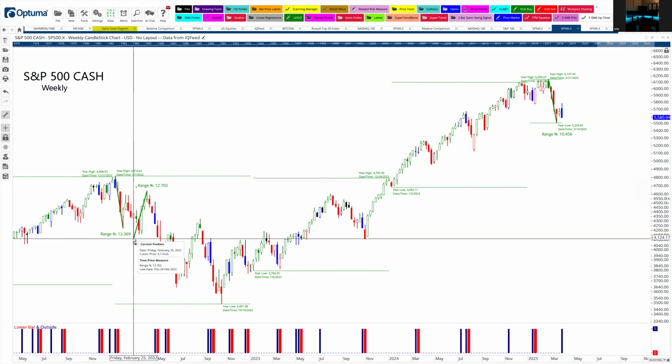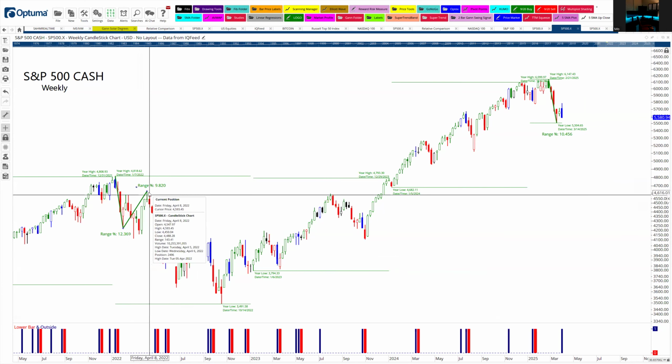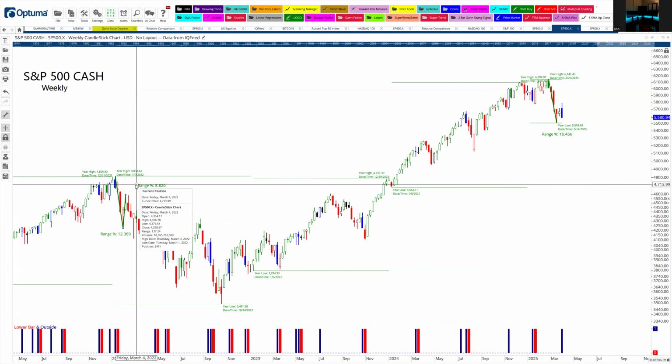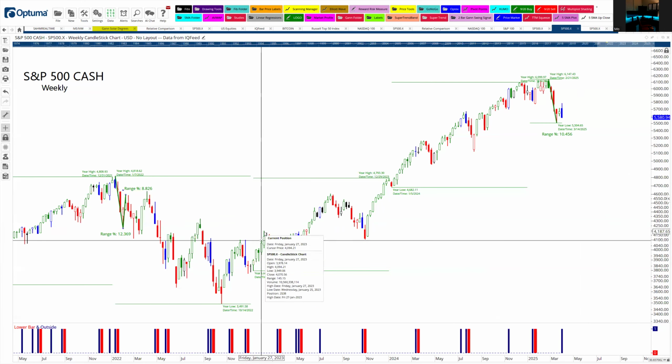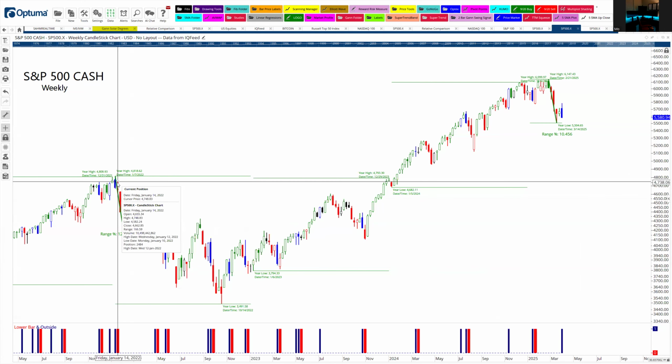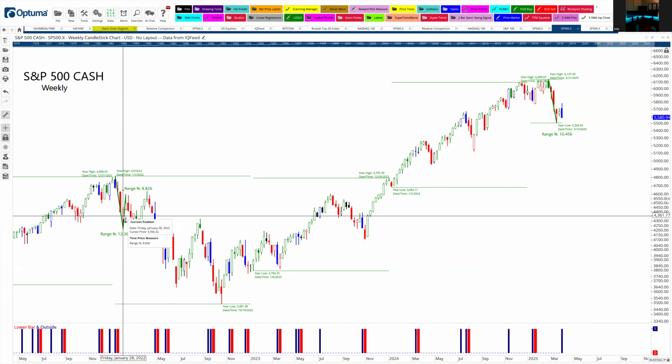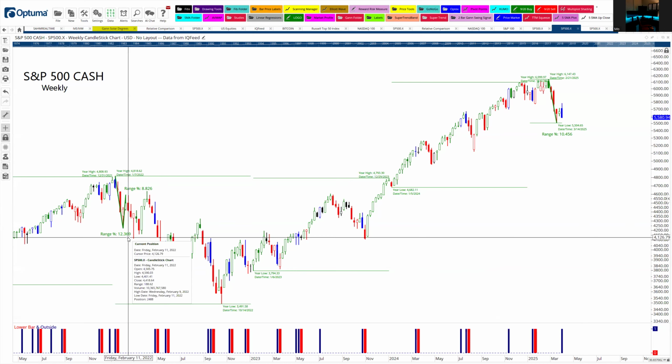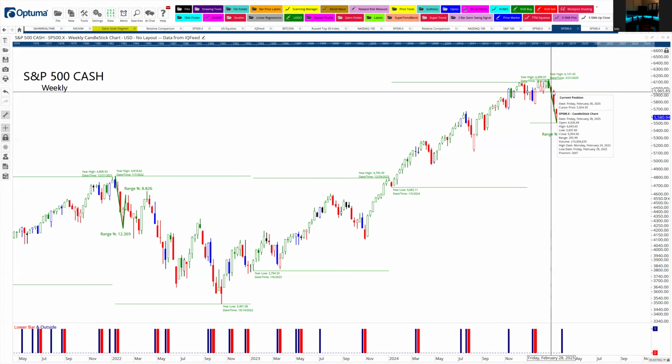And then it bounced like 10%, I guess, or maybe less, 8.82. So that's four weeks, one, two, three, four. There are four weeks of selling.